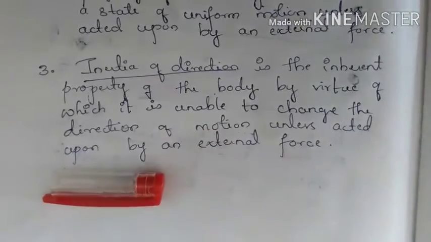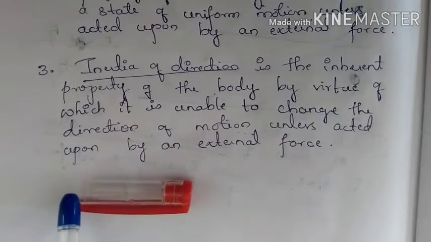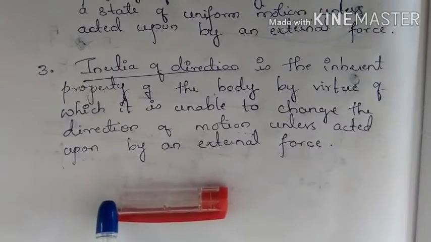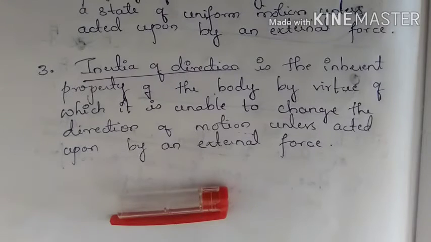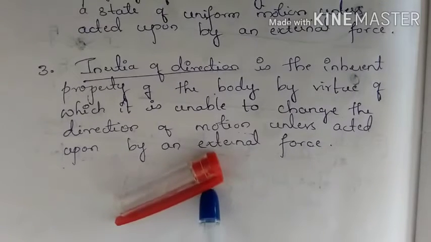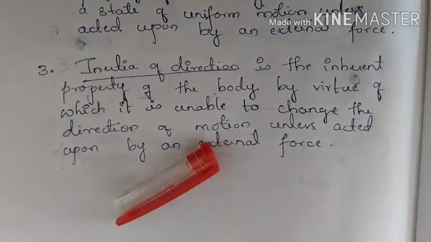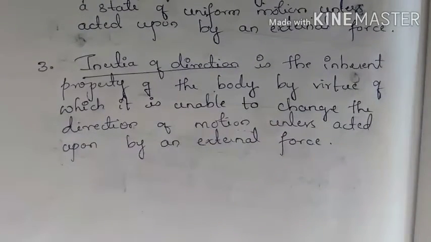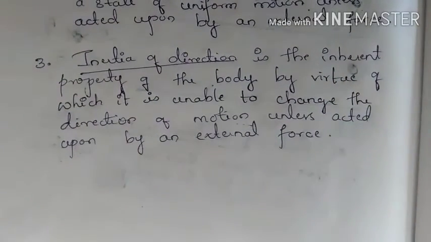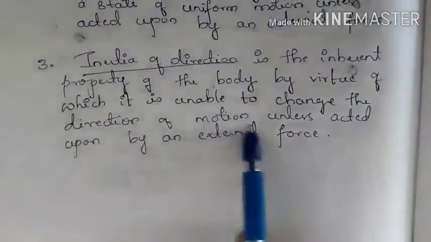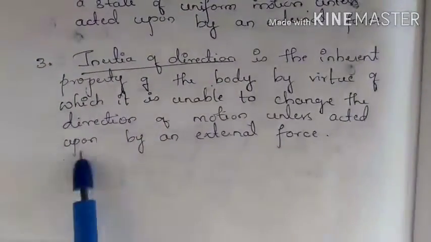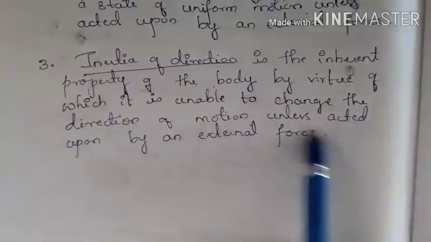If this object is moving in this direction, it will continue to move in this direction unless a force acts upon it to change the direction. So this is what inertia of direction means.